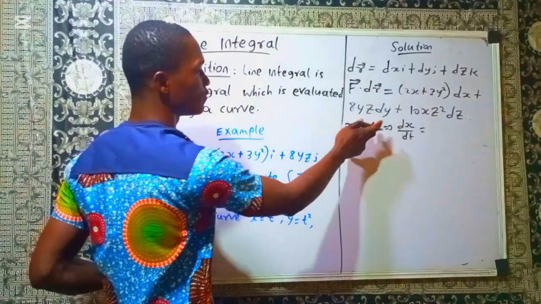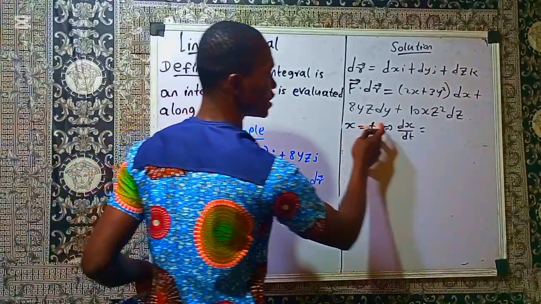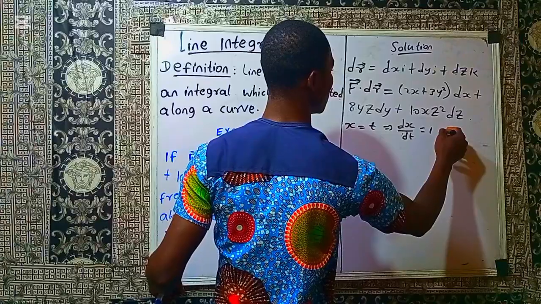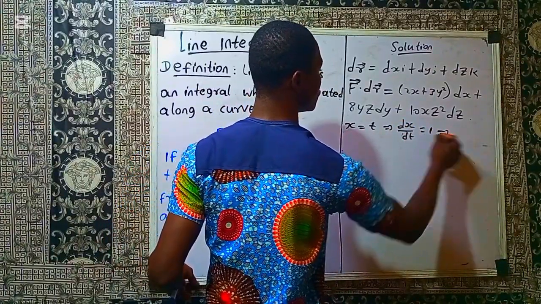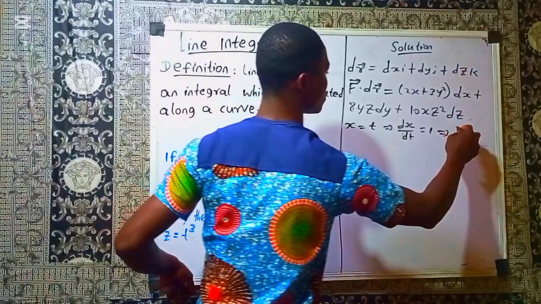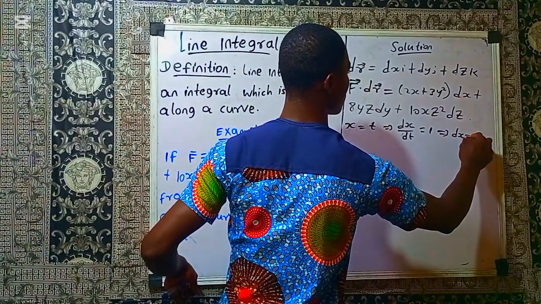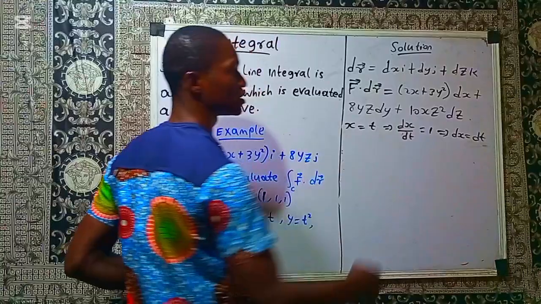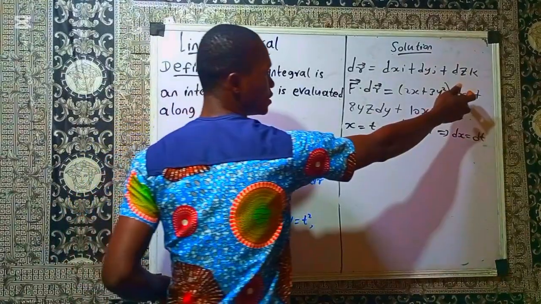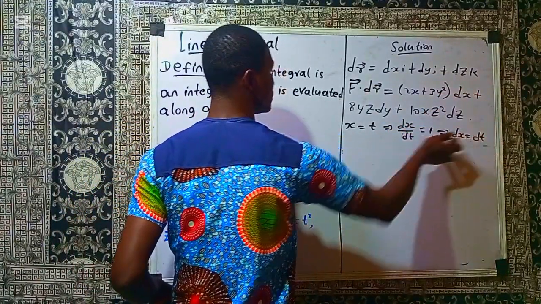If you differentiate t, you get 1, right? And if you multiply both sides by dt, making dx the subject, you are going to get that dx is equals to 1 times dt, that's dt. So I've gotten what I'll substitute for the dx here, that dx is same thing as dt.